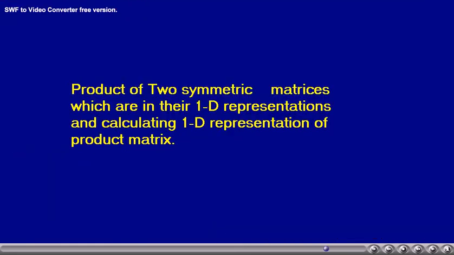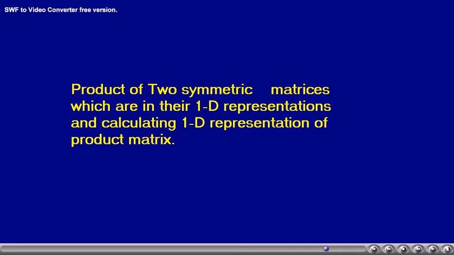Now let us consider how we can calculate the product of two symmetric matrices given their 1D representations. I am sure you will accept with me that the product of two symmetric matrices is going to be symmetric.